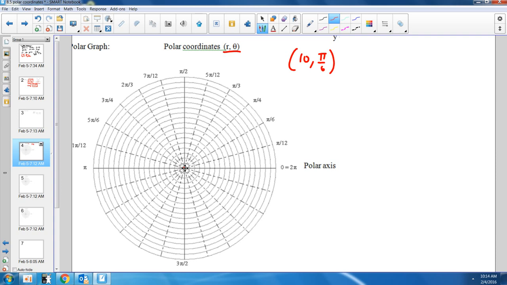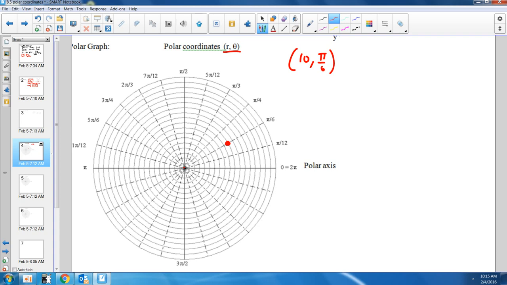This could be degrees or radians. What you're doing is you're going to the pi over 6, which I like to start with the angle, and then I'm counting 10 circles out. So that's going to be 1, 2, 3, 4, 5, 6, 7, 8, 9, 10. That point right there is going to be right here.